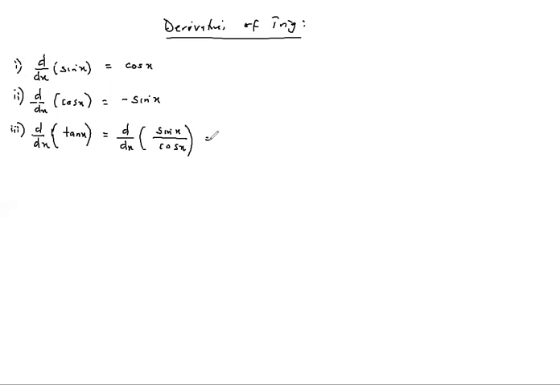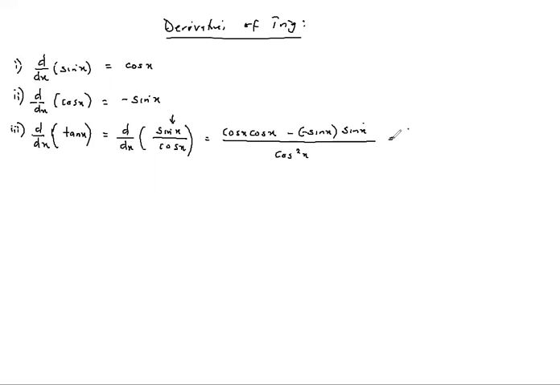Now here use quotient rule, where you differentiate the numerator and you get cos x, multiply by the denominator, subtract, differentiate the denominator, you get negative sine x, multiply by the numerator, and divide by the square of the denominator.